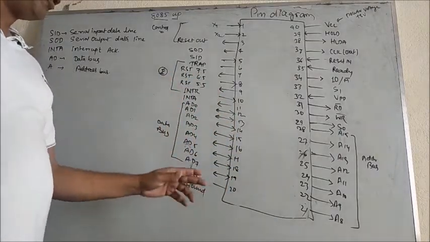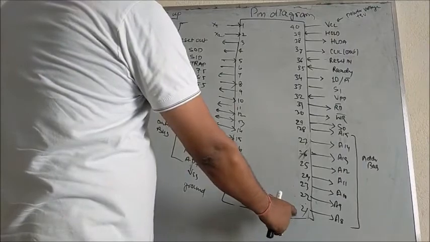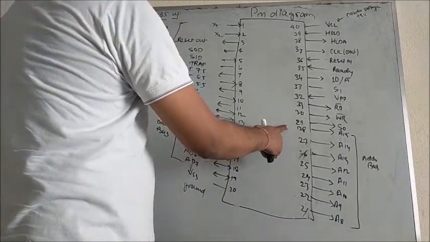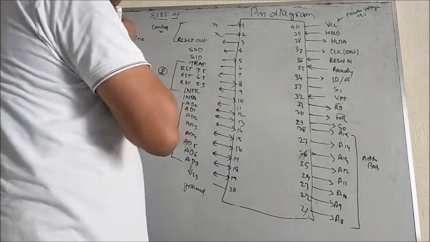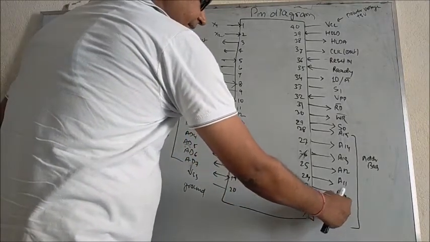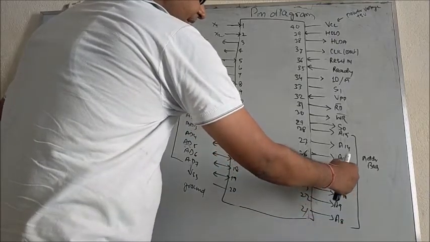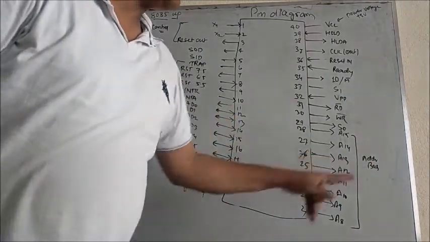That is known as your data bus, right? Next, from pin numbers 21 to 28, you are assigning A8, A9, A10, A11, A12, A13, A14 and A15. What is A? A is nothing but your address bus.